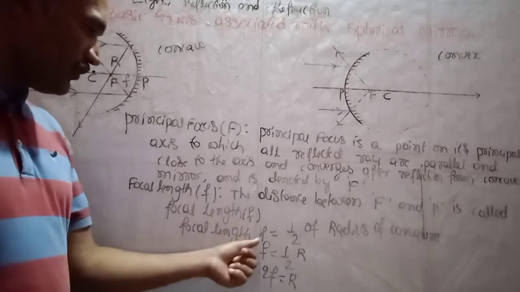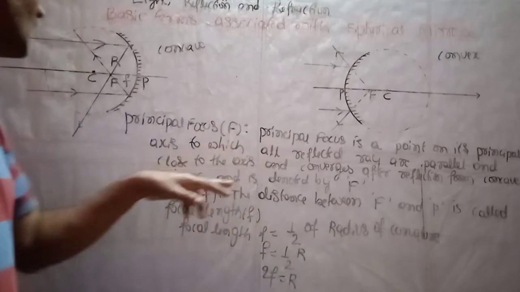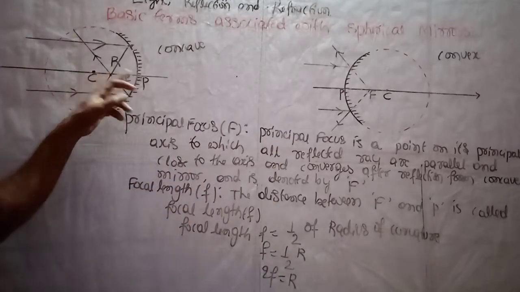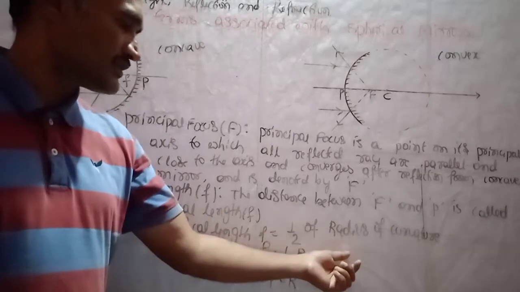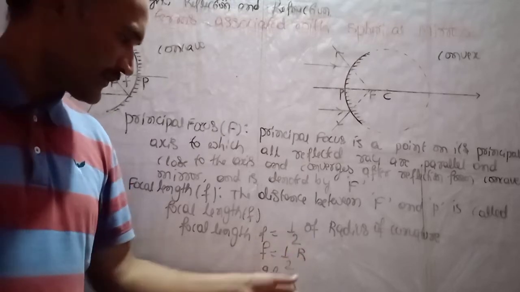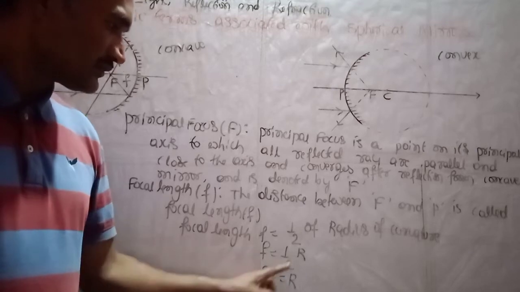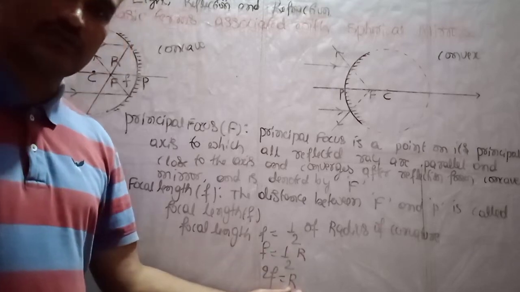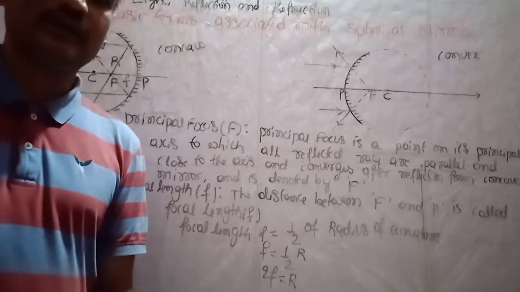Focal length is always half of the radius of curvature: f equals R divided by 2. So the radius of curvature is equal to twice the focal length, R equals 2f.